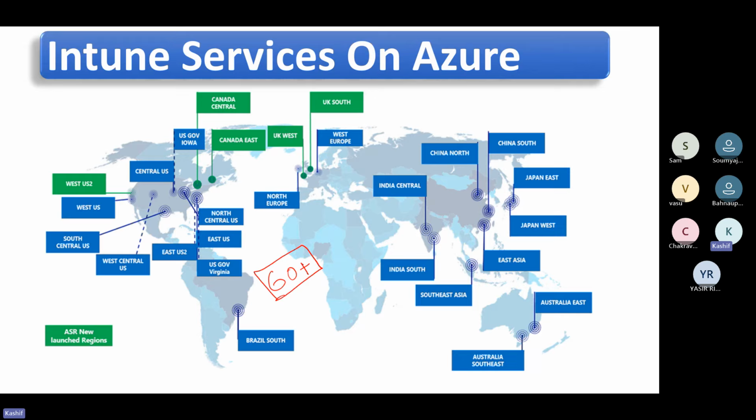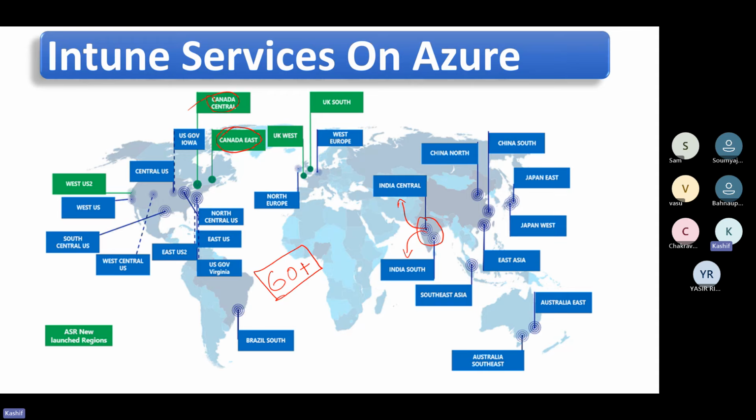Suppose you are in India, and when you create your Intune account, your account will get created in the data center which is nearest to you. For example, if you are in India, your chances are very high that your account will get created either in India Central or India South. Similarly, if somebody is in Canada, his account will get created either in Canada East or Canada Central.